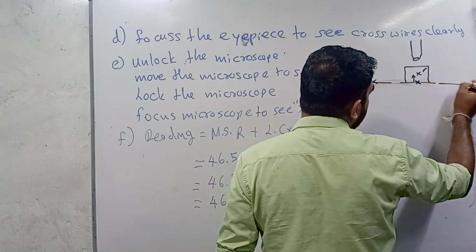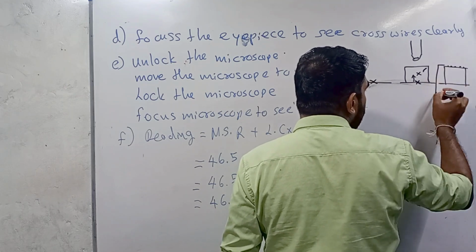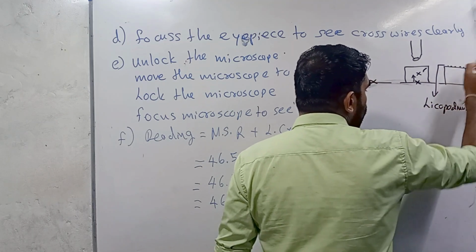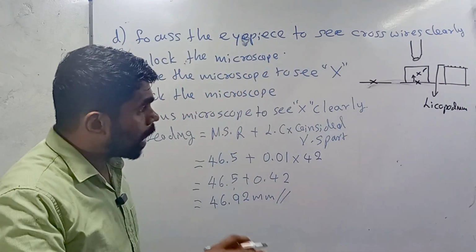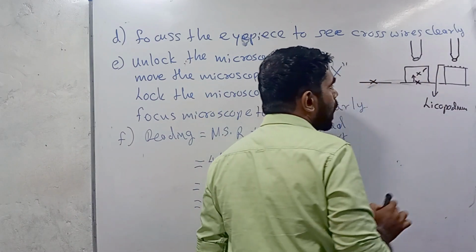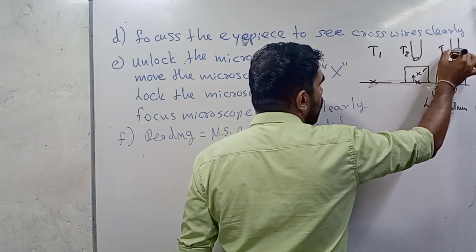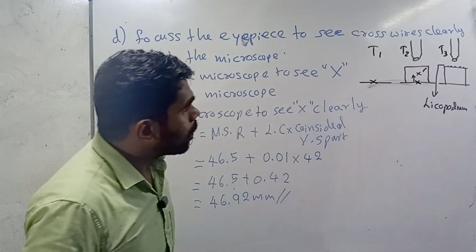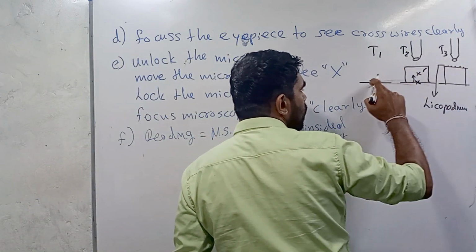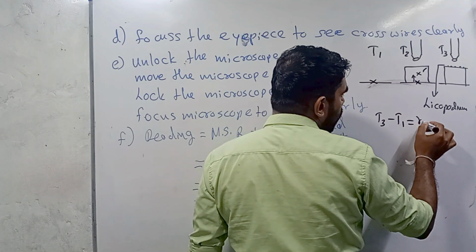Then we can get the third reading. We have to put lycopodium powder on the glass surface, and then focus on the lycopodium powder again. Now I will consider these readings as T1, T2 and T3. T3 minus T1 is the real depth.